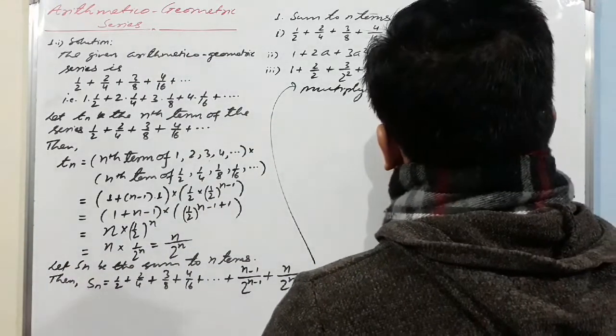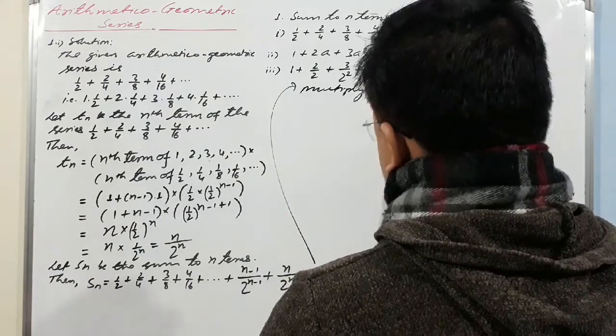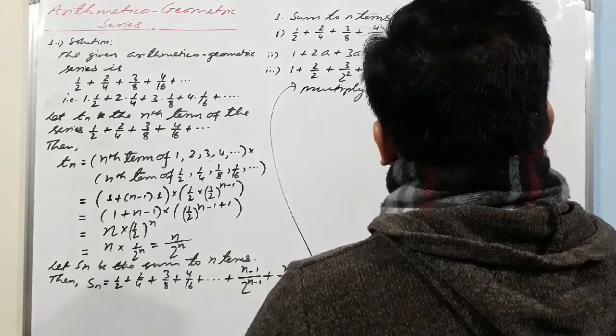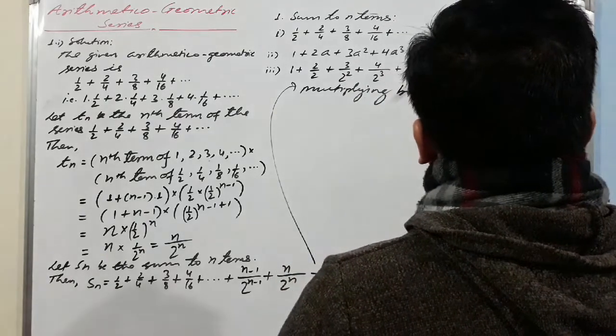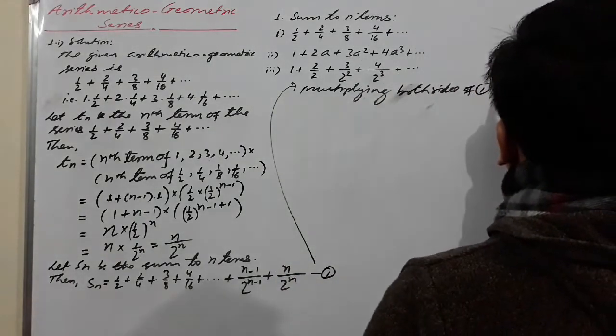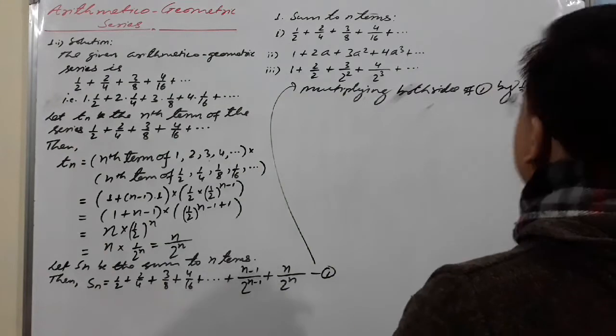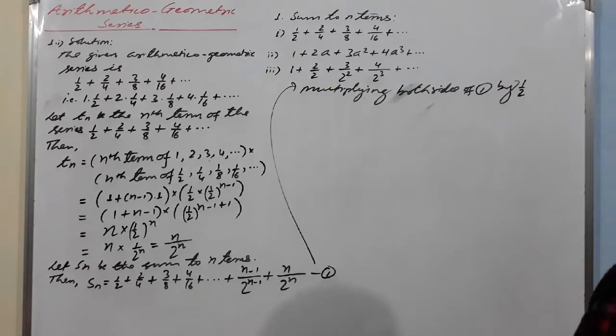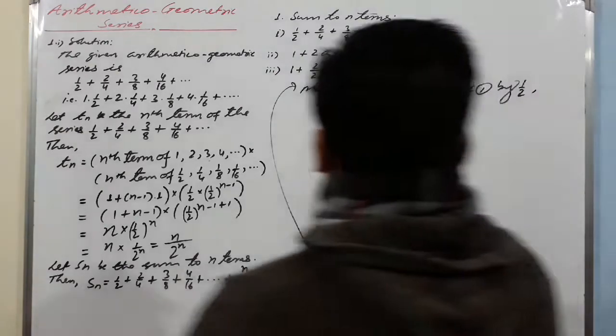Multiplying both sides of the first, meaning this one, by 1 by 2. 1 by 2 means the common ratio, okay. So the common ratio of the GP, 1 by 2, we get.